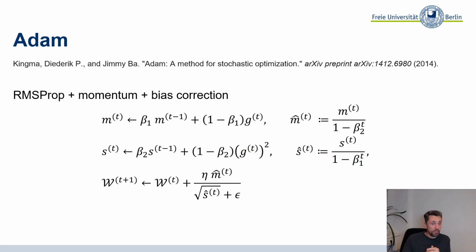Another popular variant is Adam. So this has been published by Diederik Kingma, one of my favorite researchers. It's basically a mixture of RMS-prop and momentum, and Max will show you how it works.